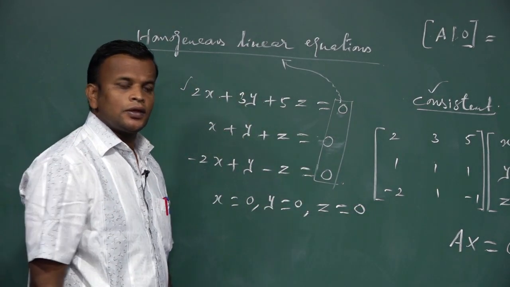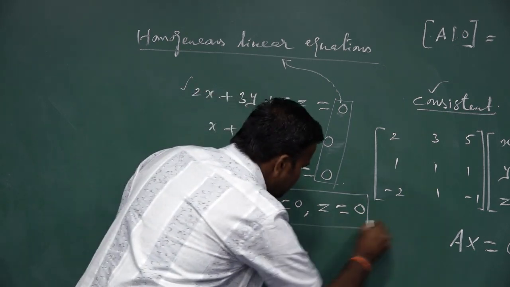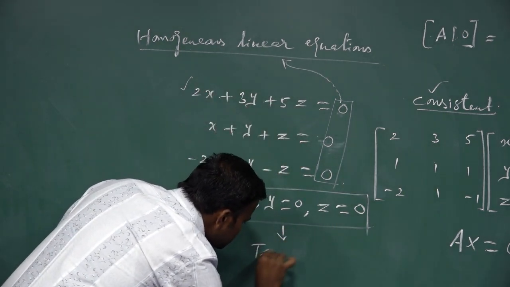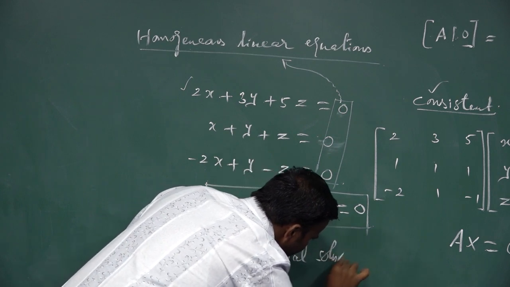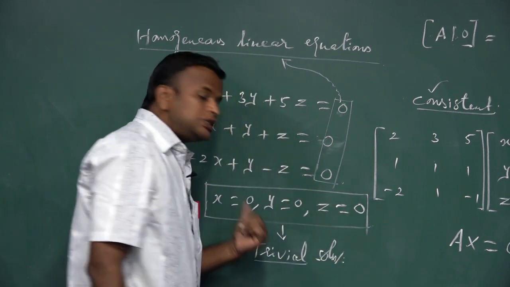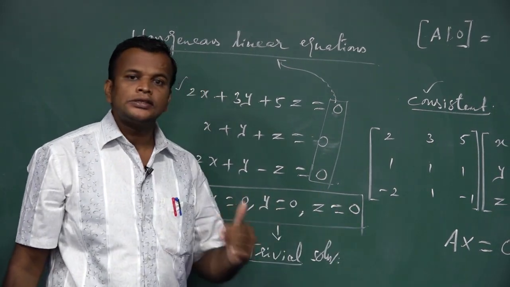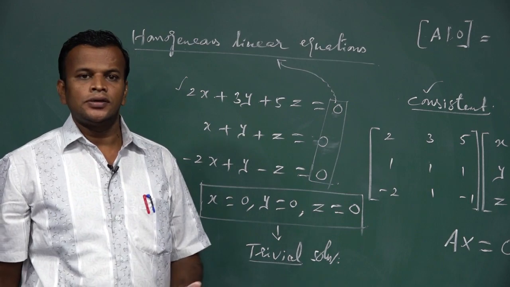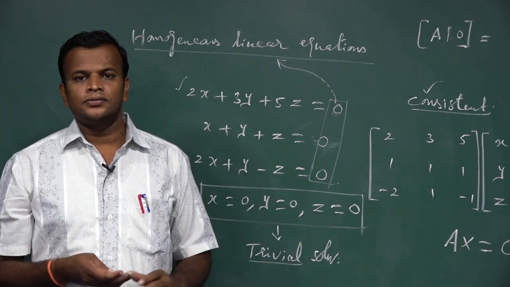So, all values being 0 is called a trivial solution. Any one of them being non-zero is called a non-trivial solution.